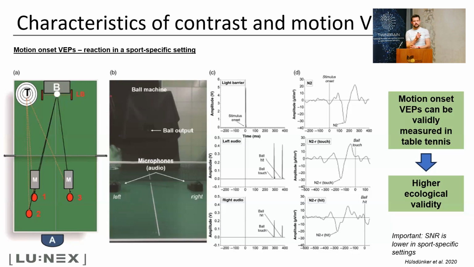It transitions from the more occipital or parietal level towards the central one. We have not investigated it in this study, because we had the problem of the lower signal to noise ratio. You can also see this in the amplitude. The amplitudes are still quite high, but the signal to noise ratio is way lower, and we had more trials here. We do not have the full field stimulation with the circles. We only had this very small ball that was flying out. So it was a bit harder.